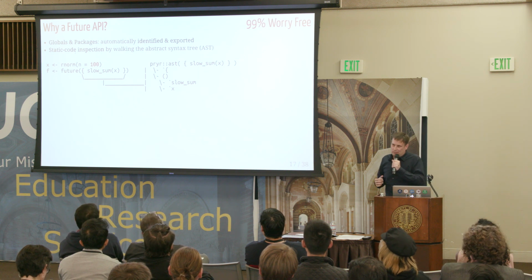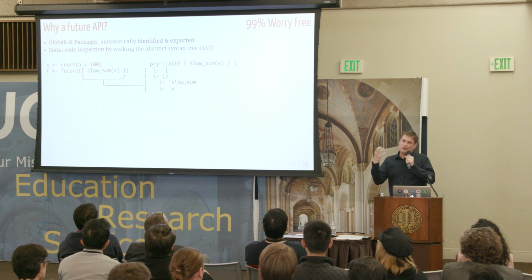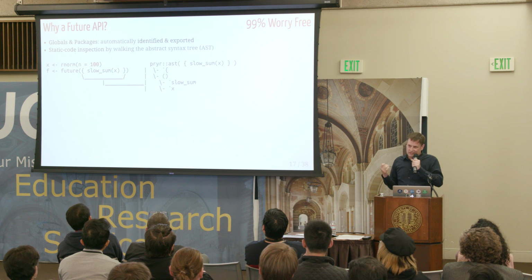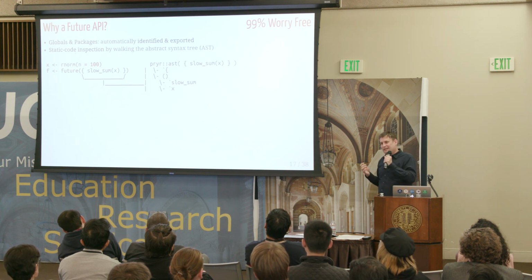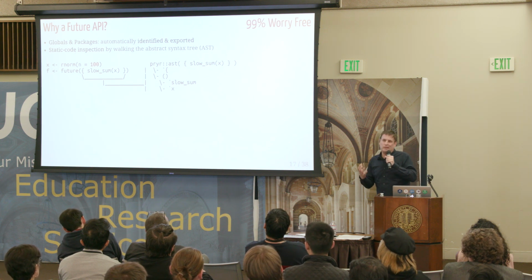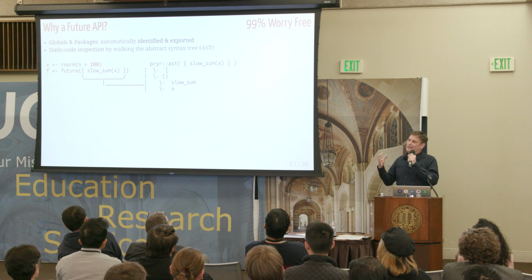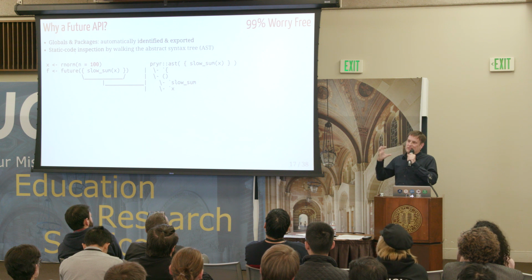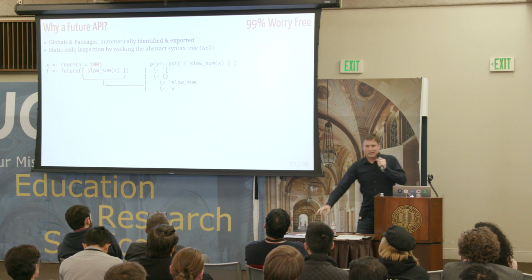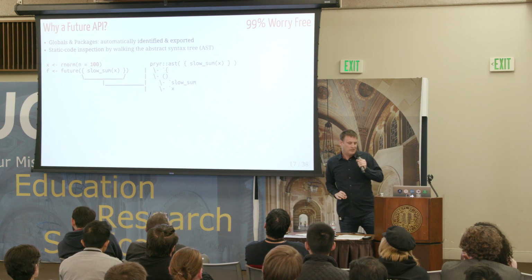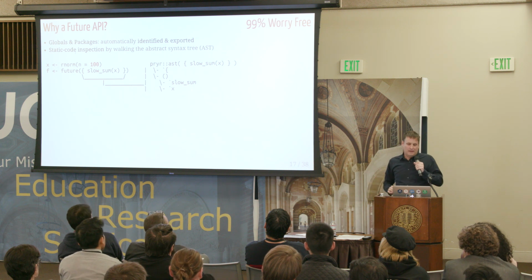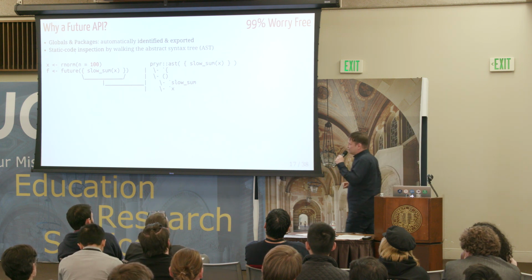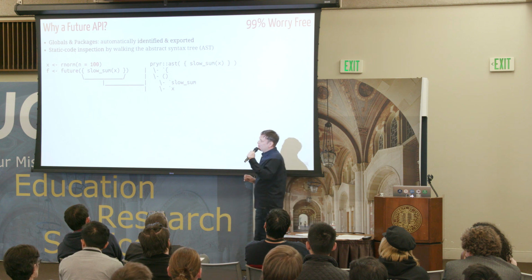Another thing I want to point out, I wasn't sure if this should go in the beginning or not, but it actually turns out to be working pretty well: automatically identifying functions, packages and variables that you need to make sure you pass along to the workers. The idea is basically code inspection, code tools.